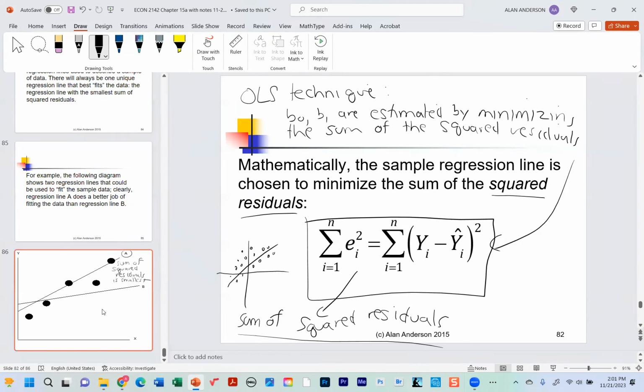So let me just show you a quick graph here. What you'll be able to see is that it's pretty obvious which one we would like to choose.